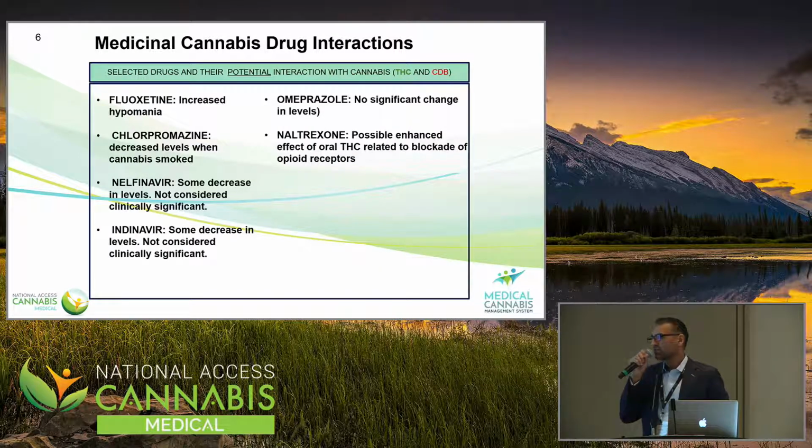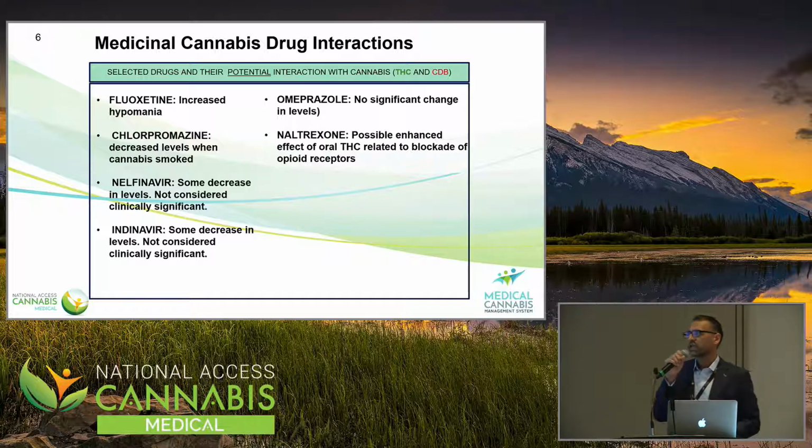Now, the other thing that you'll find is that when you're looking at various studies or references, oftentimes there are medications that are mentioned as interacting, but there isn't any context given in terms of whether that was clinically significant or not.